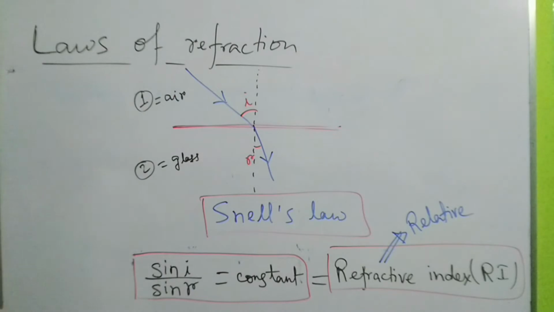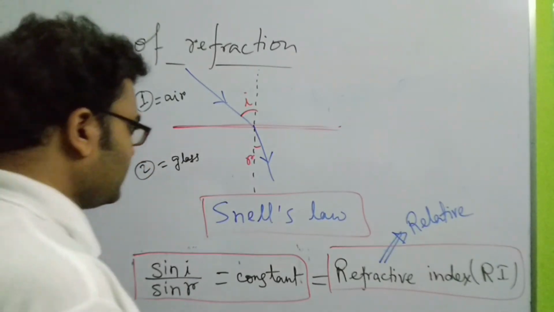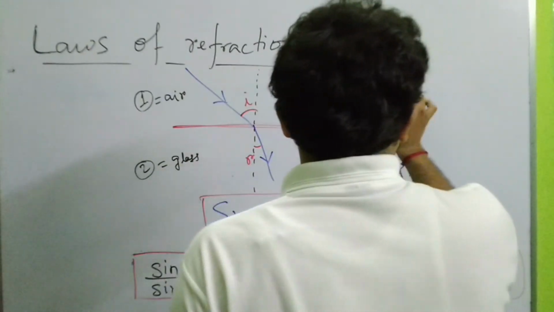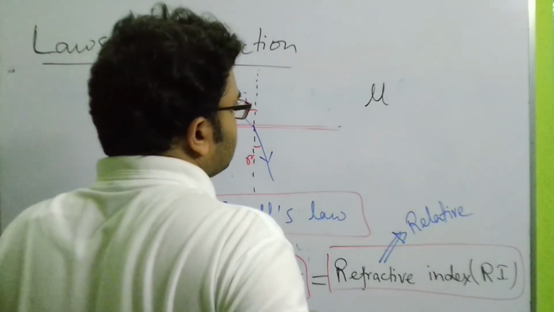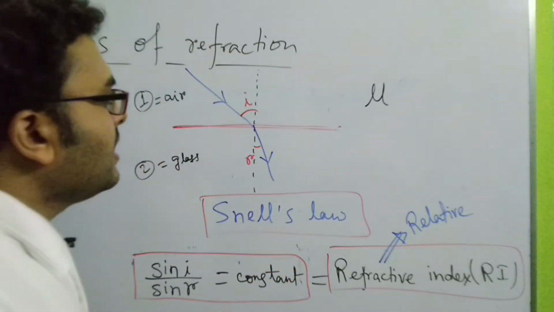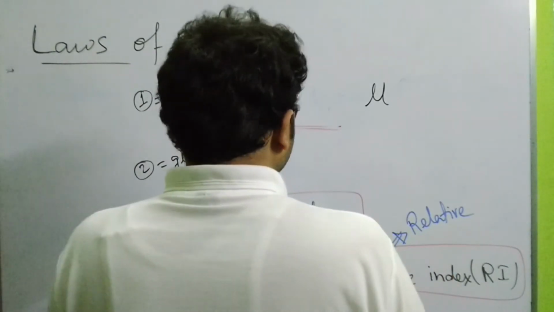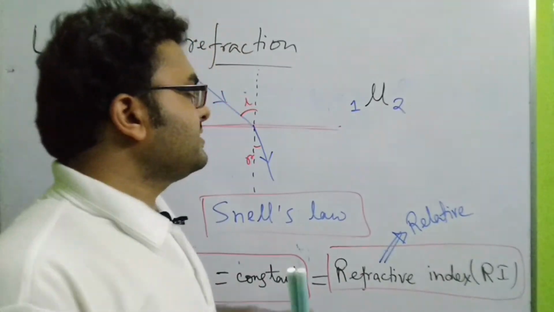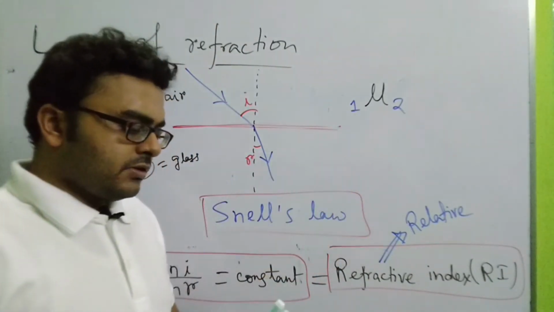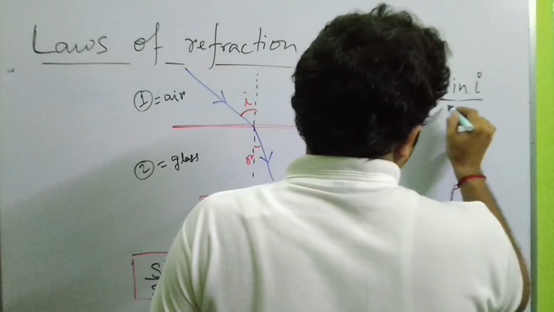Now if I consider that the first medium is not air, then we get a different refractive index for this particular case. We write the refractive index denoted by the letter mu, or often given as the letter eta. So mu here we write as the refractive index of the second medium, mu of 2 with respect to 1. We say that it is the refractive index of the second medium with respect to the first medium, and it is given as sin I by sin R.